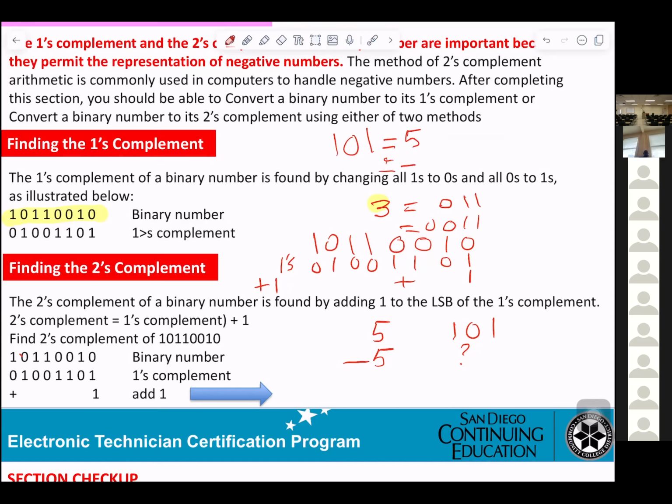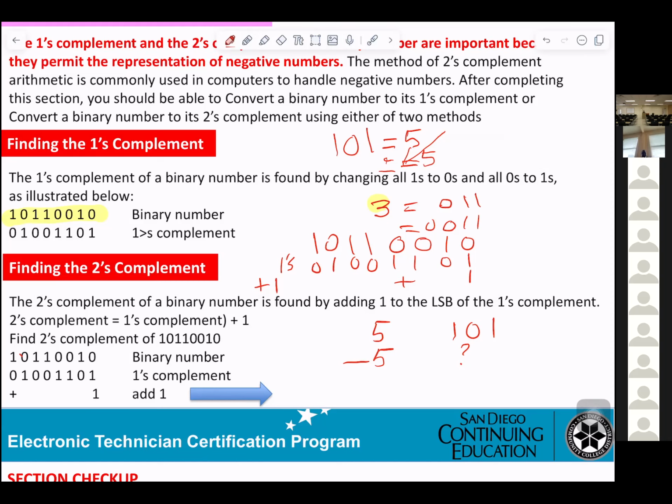I want minus 5. You see that? That means we have to deal with a negative number. Okay? So that's why you need the first complement or second complement.